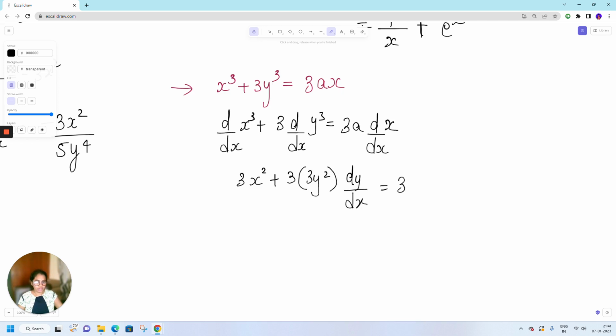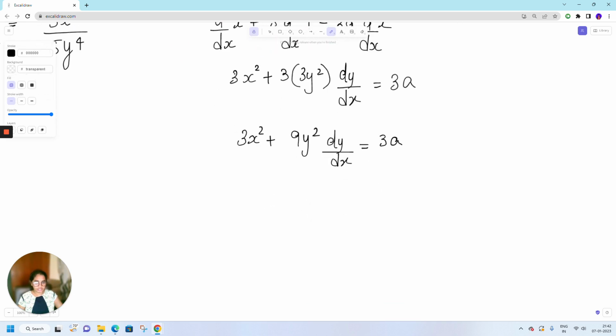This is equal to what? 3a. Okay, so I would get 3x square plus 3 3s are 9y square dy by dx is equal to 3a. Okay, so let me send the 3x square to the other side. I'll simplify for dy by dx. I would get 3a minus 3x square.